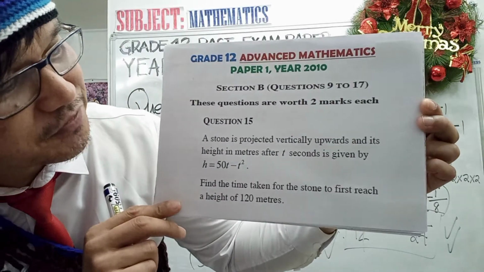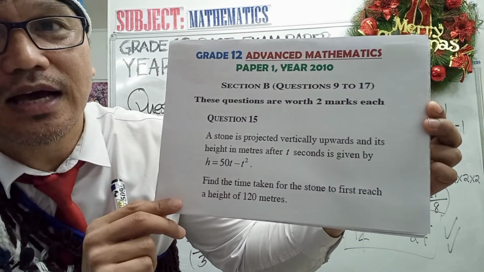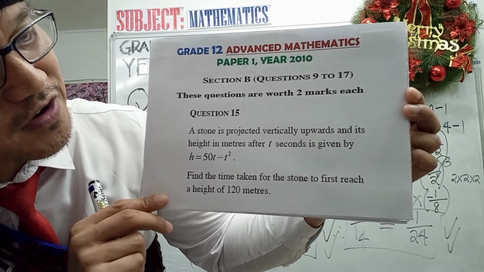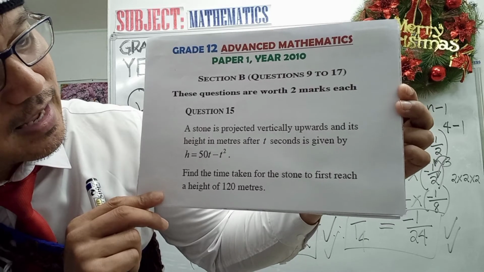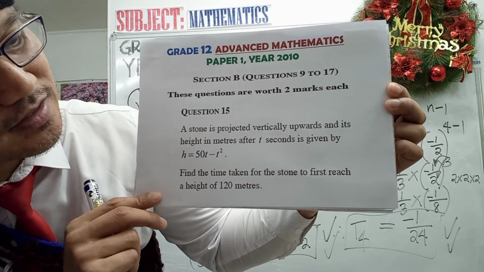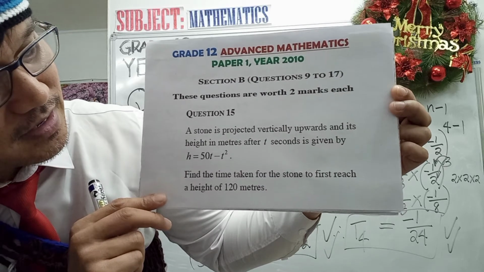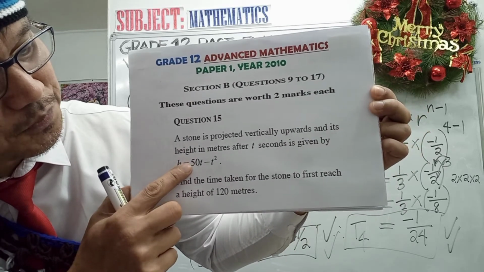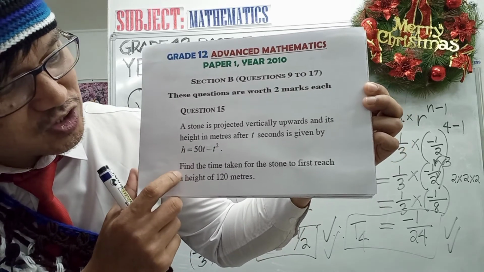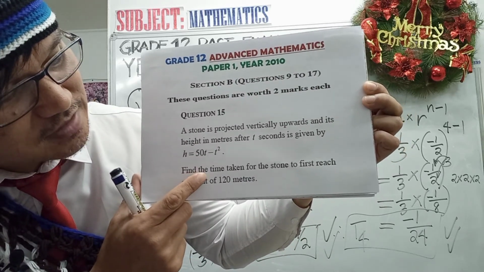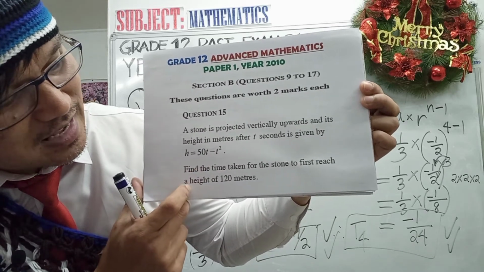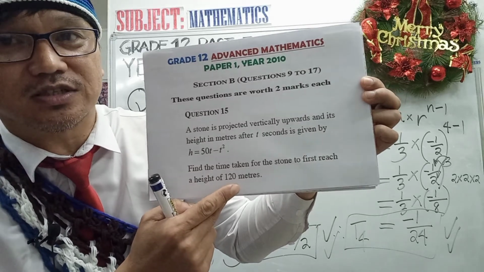The question number 15 says, a stone is projected vertically upwards and its height in meters after t seconds is given by h is equal to 50t minus t squared. The question here is find the time taken for the stone to first reach a height of 120 meters.